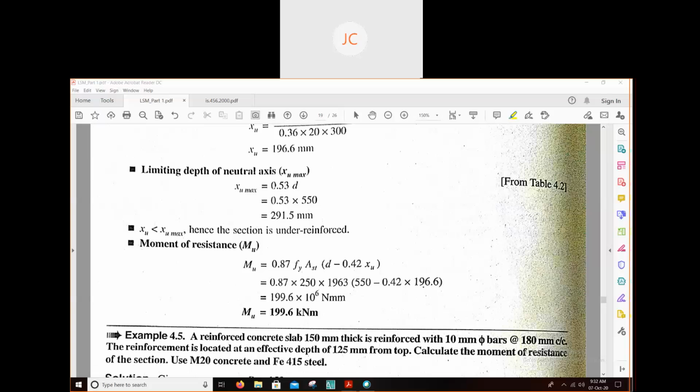Okay, so now, can anyone tell me what is the meaning of this 150 millimeter thick and 180 millimeter center to center? What is the value of this 150 millimeter?